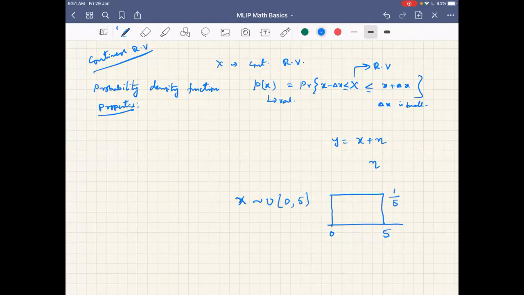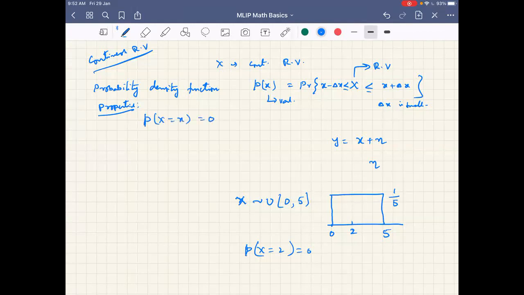If I want to find the probability that X takes exactly the value 2, then that is equal to 0, because there are infinite possibilities X can take. Among these infinite possibilities, taking only a particular value is almost close to 0. So the probability that X is equal to x is 0.